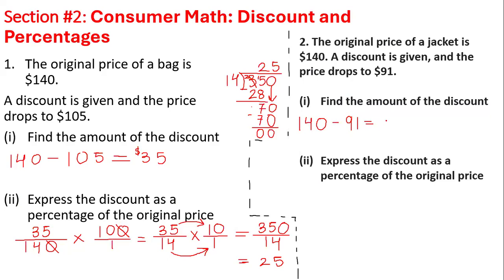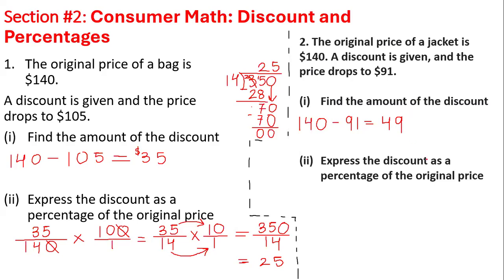That gives us what? What did y'all get for 140 minus 91? 49. Yes, 49. I could hear you much clearer tonight, Trayvon. 49, very good. So that's the amount of the discount.